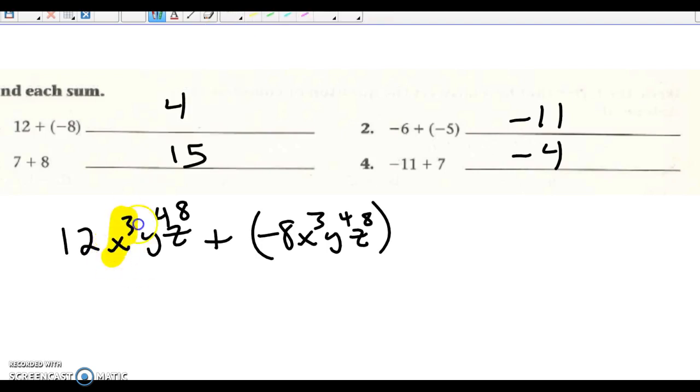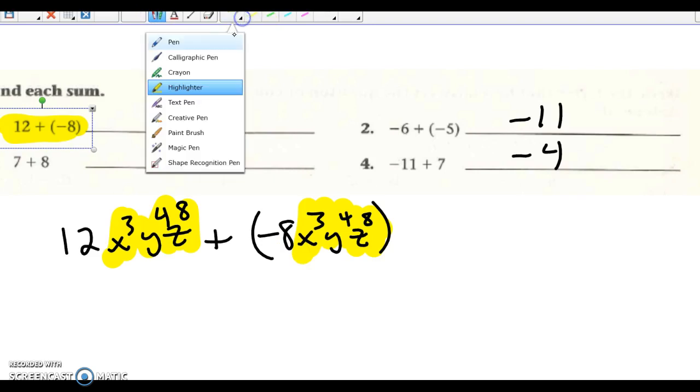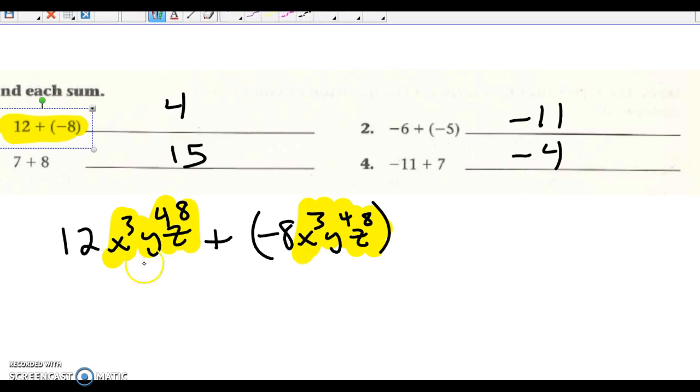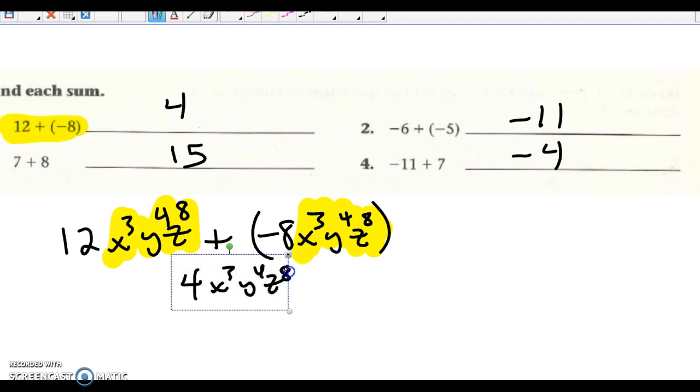They are both x to the 3rd, y to the 4th, z to the 8th terms. And so number 1, this question and the question below, they are exactly the same. It's just 4 of these highlighted things. In this case, it's x to the 3rd, y to the 4th, z to the 8th.